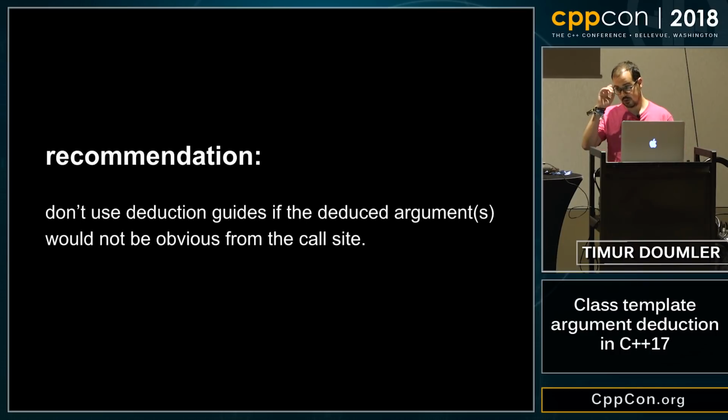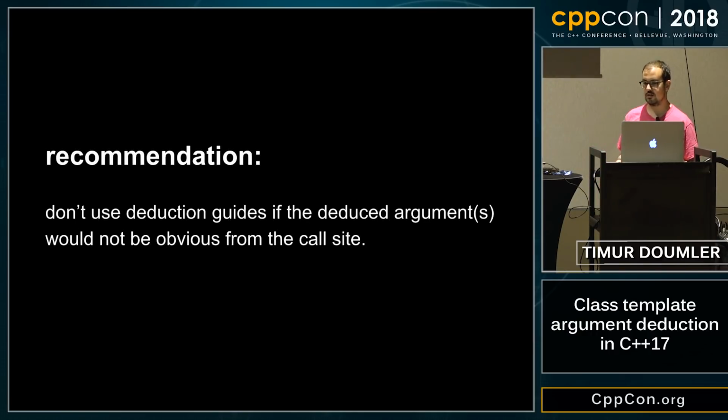So I would use deduction guides in cases where you want to be able to omit the template arguments, but it should still be obvious what they would be, like with pair, with vector, all these examples. But you don't want to use deduction guides to say, well, you gave me this type, I'm going to use this other weird template specialization, and it's not going to be obvious for the user at all. You can write really weird code with this that's really not obvious what it does.